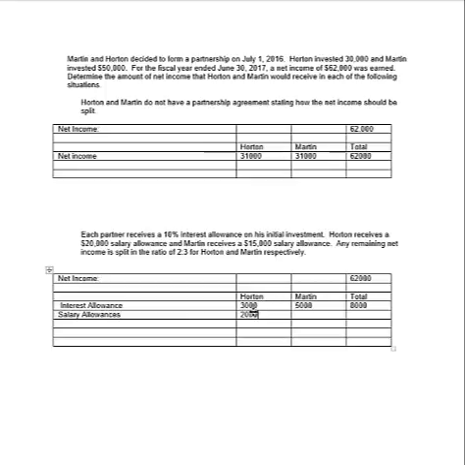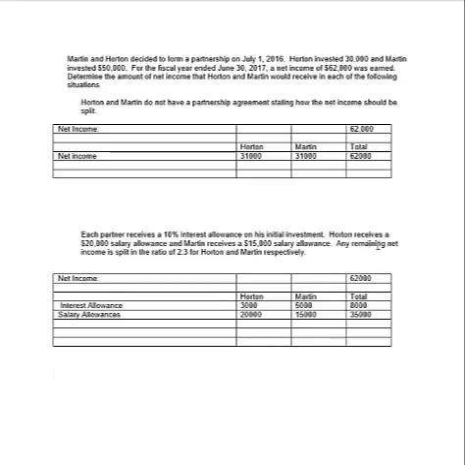Horton gets $20,000 and then Martin receives $15,000 for a total of $35,000. So altogether we've given out $43,000 of the $62,000. That means that $19,000 remains to be given out.